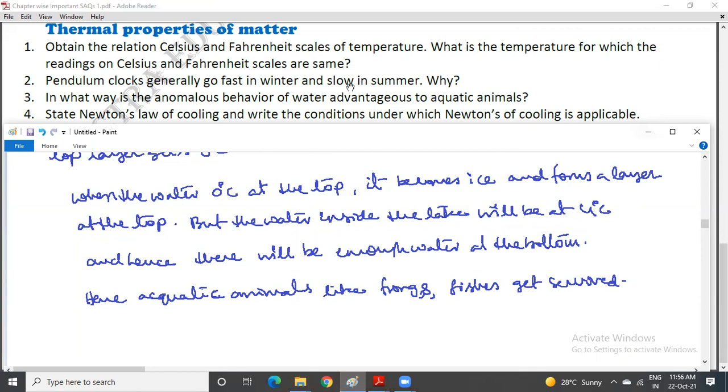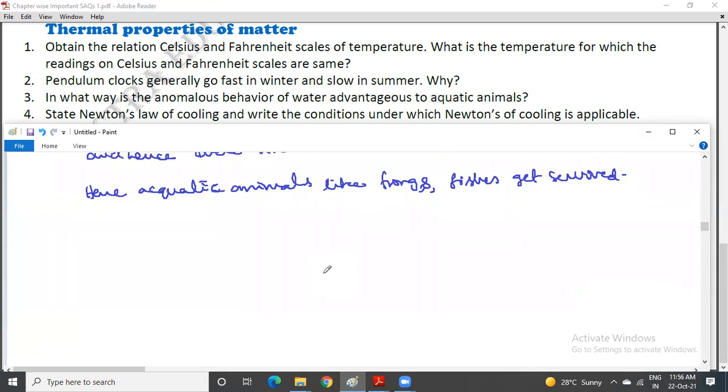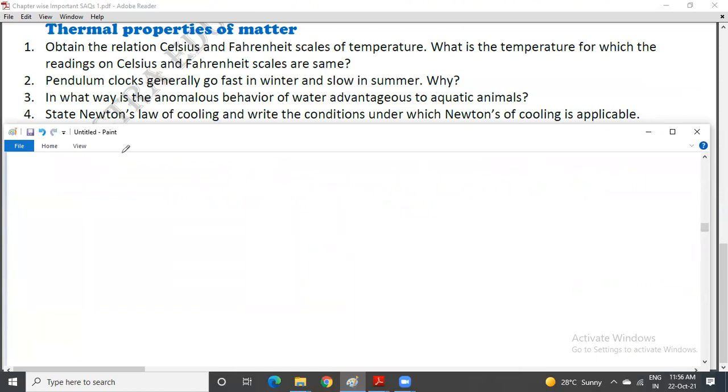Next, let us move to the next question. State Newton's law of cooling and write the condition under which Newton's law of cooling is applicable. Write down the statement first.